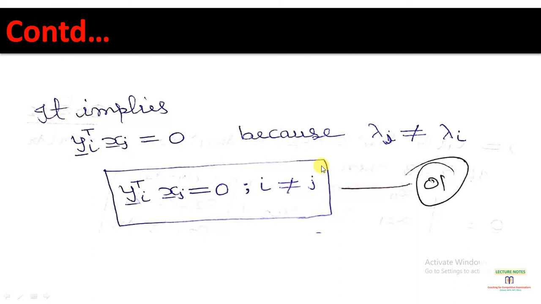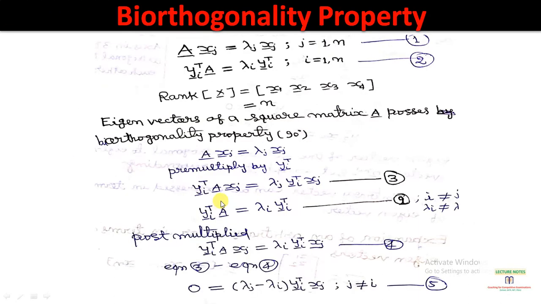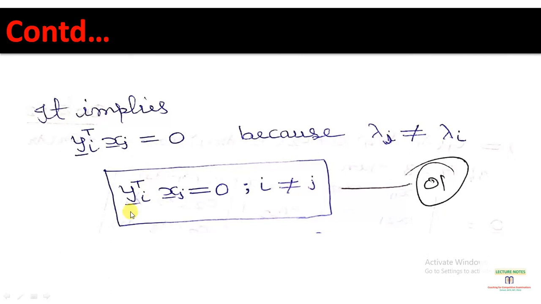So this we have proved. This shows the orthogonality property. This was the orthogonal property of two vectors written in matrix form, and we have given the name equation 1 to this equation.